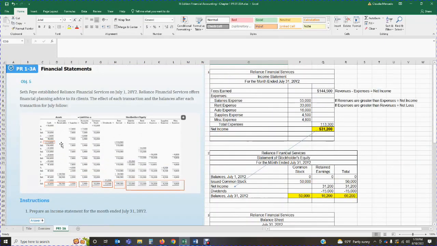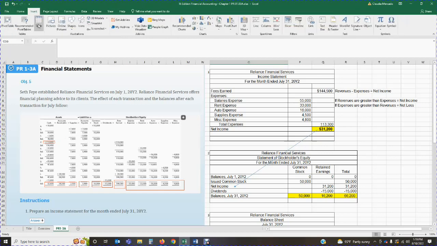Now, cash paid for expenses and to creditors. So now we need to figure out all of the transactions that affected cash where we paid a creditor or we paid expenses. We have a deduction there of $3,600, so that means we paid cash. We paid a creditor. We owed money and we paid them $3,600.